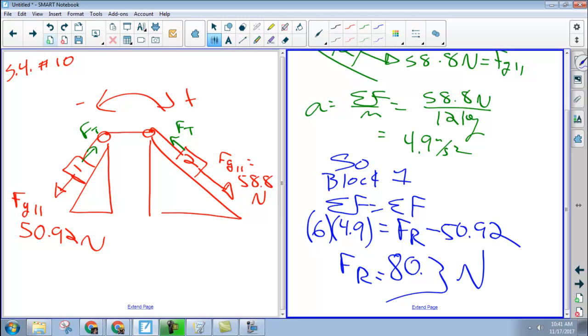Should I do D? Yeah, I see a few of you nodding. Okay. So D says, suppose we replaced block M1 with a new block. What must its mass be if the tension in the rope is 80 newtons? So, thoughts about how to go about this one?